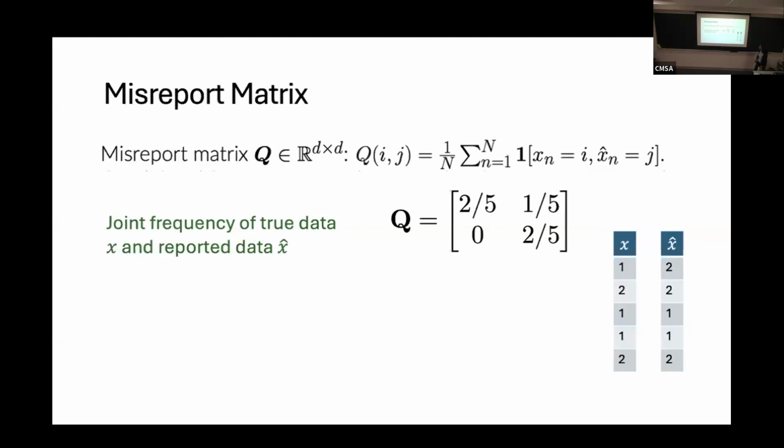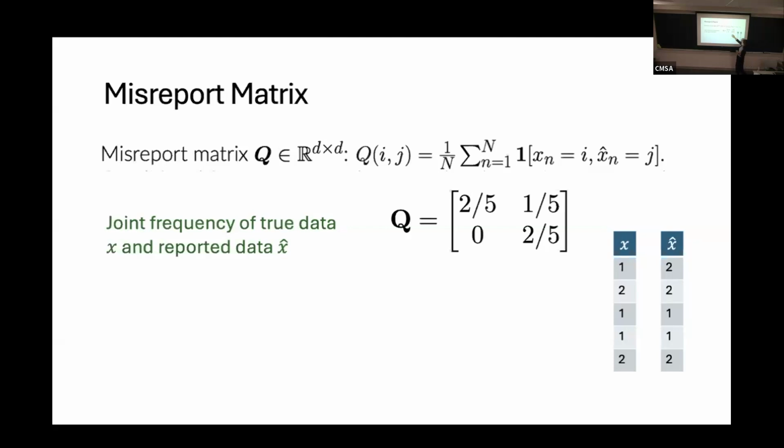Right? And so Q is the misreport matrix. That means out of the 5 data points, there are 2 data points where the true value is 1 and the reported value is also 1. So that's the first entry here. And the second entry is, out of all the data points, what's the fraction of the data points that have true value equal to 1 and the reported value equal to 2?